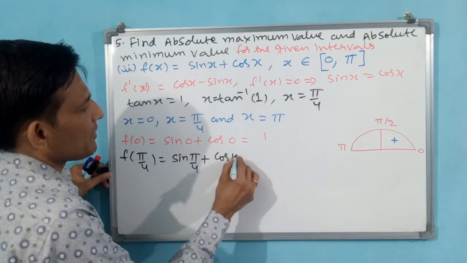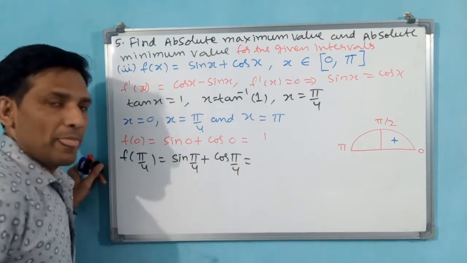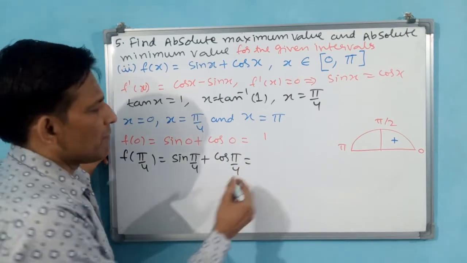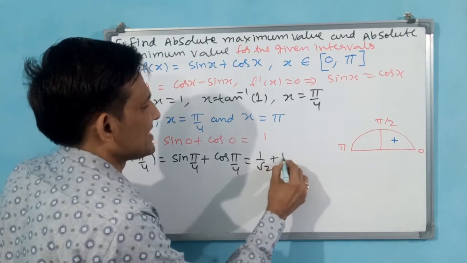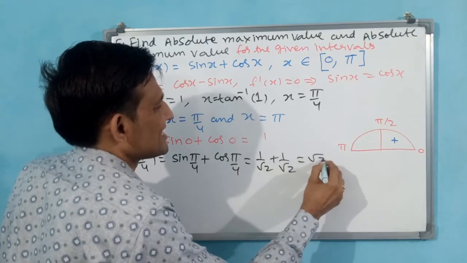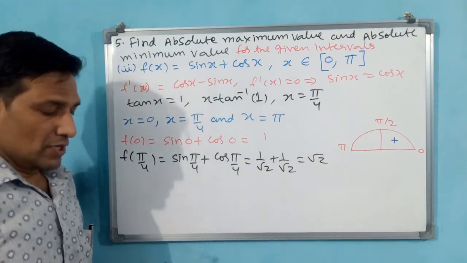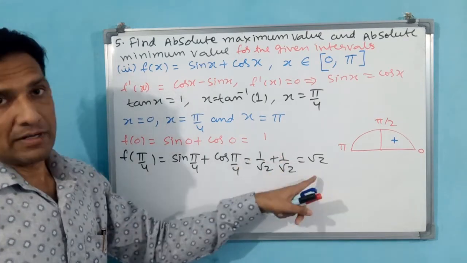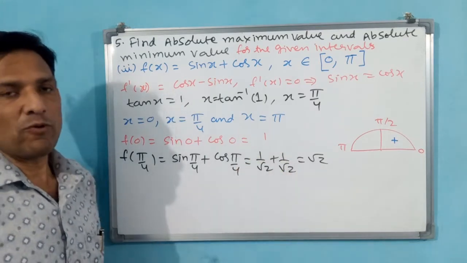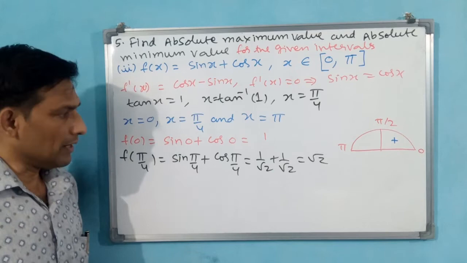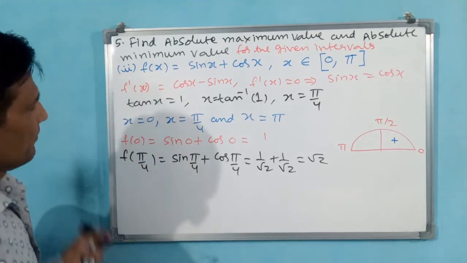Sin pi by 4 plus cos pi by 4 is equal to 1 by root 2 plus 1 by root 2, root 2. See, root 2 is greater than 1. Why? Because of root 2 value 1.414. Okay? That keep in your mind.